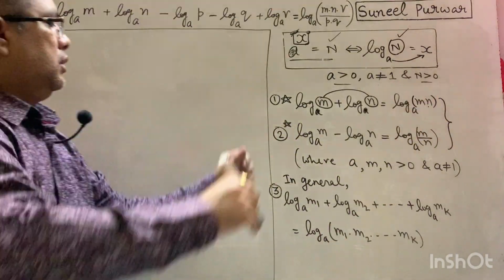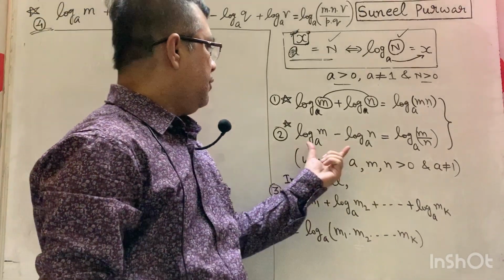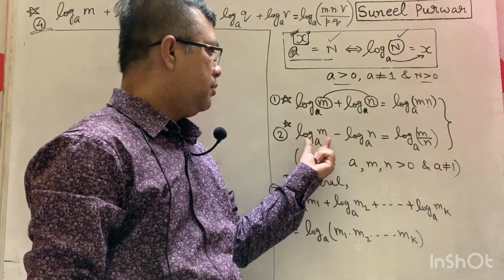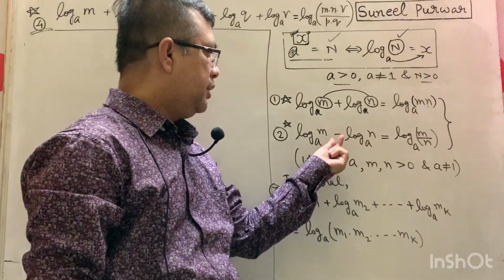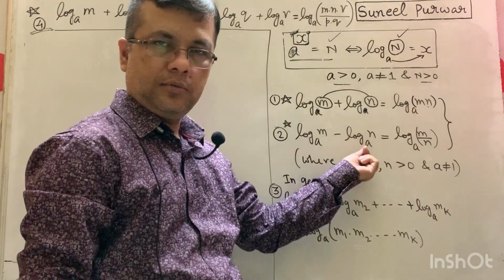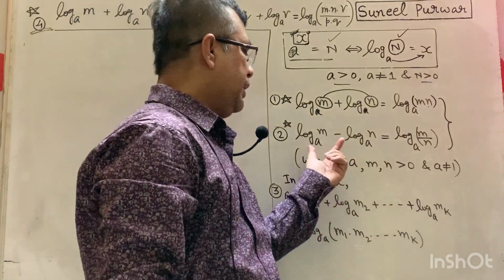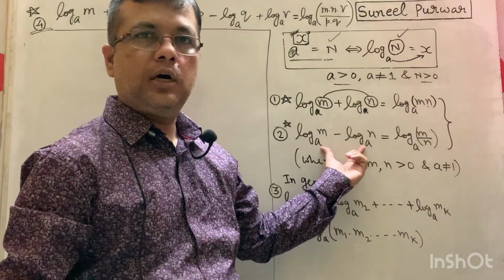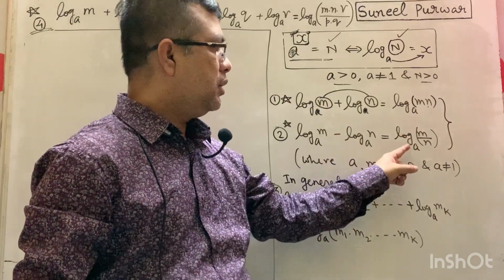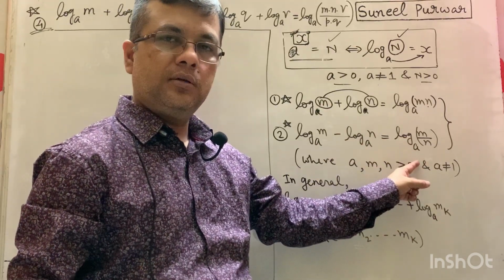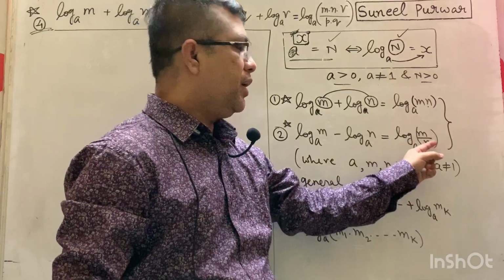Now, the second property says, if you are having log of m and log of n at the same base, and there is a minus sign between the two logarithms, so that is the difference of two logarithms. How to write that? The difference of two logarithms becomes a single logarithm at the same base with m by n.